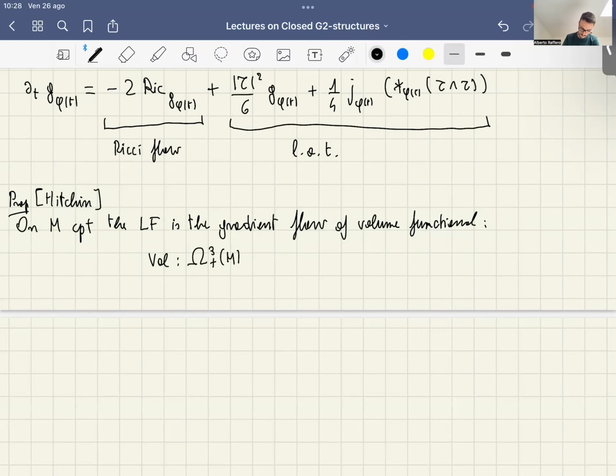So it goes from the space of G2 structures on the manifold to R and associates to a given G2 structure the volume of the manifold, which can be written as 1/7 the integral over M of phi wedge its Hodge dual, and it is equal to the integral over M of the volume form induced by phi.